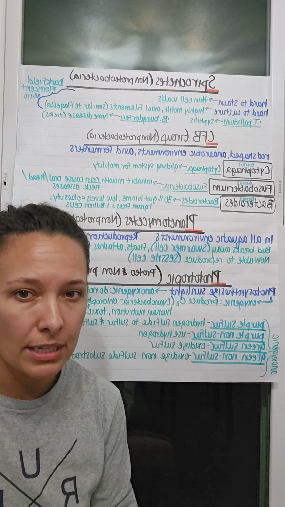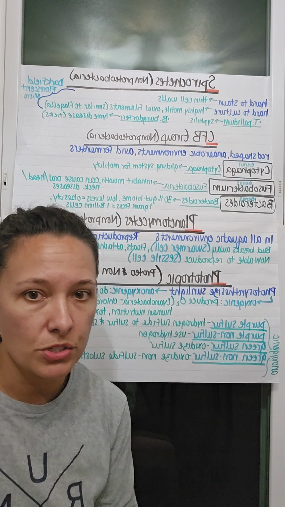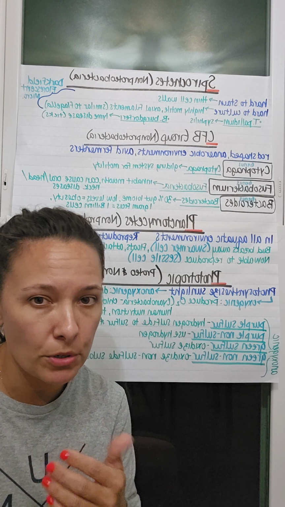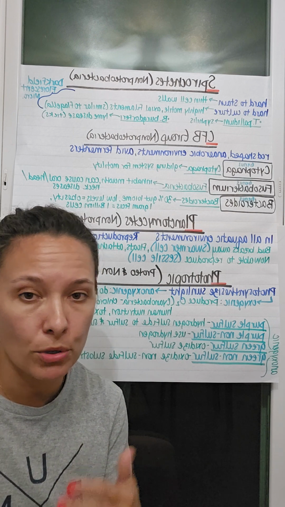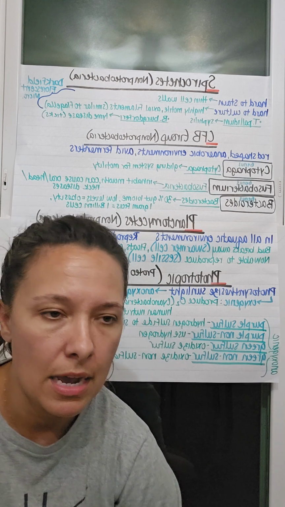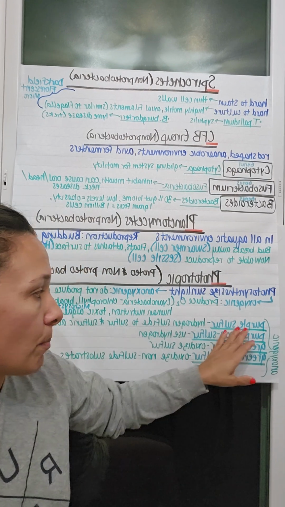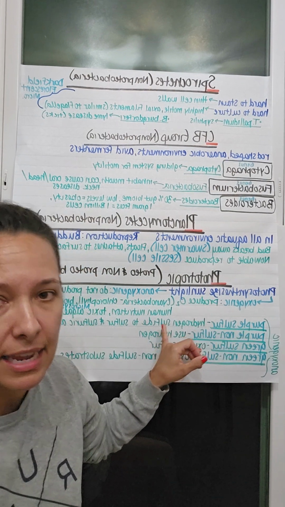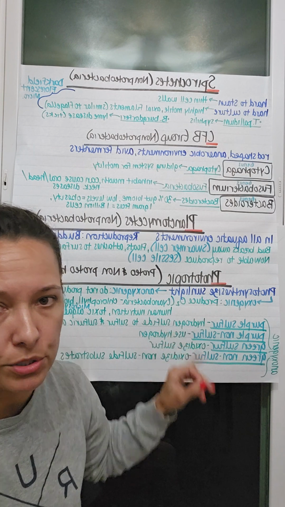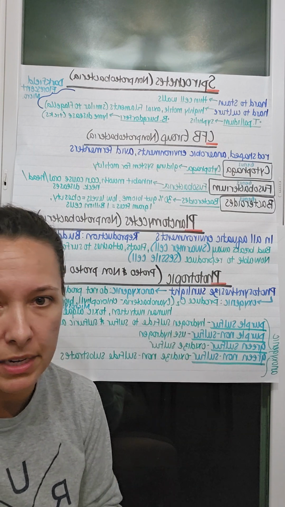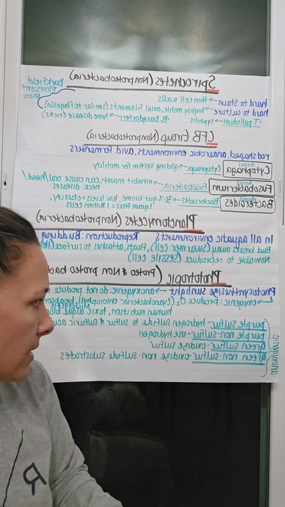So purple is like when there's no oxygen, your lips turn purple. It's kind of how I remember it. So purple has nothing to do with oxygen. It's just hydrogen. So the purple sulfur, it takes hydrogen and it produces sulfide or sulfuric acid.